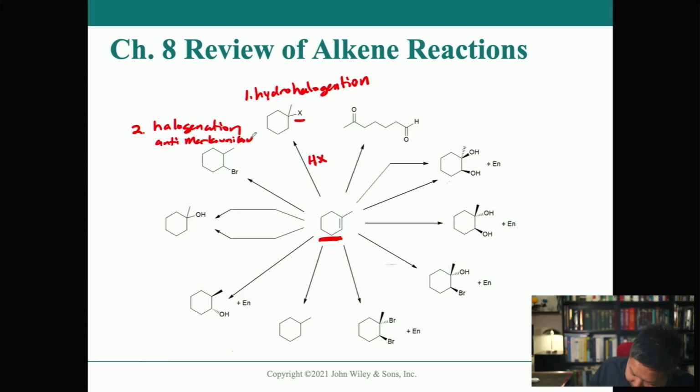Just so we don't get confused, I'll put Markovnikov addition here. Normal Markovnikov. But this one's the anti. And remember, we just did it in the last slide. How do we achieve an anti-Markovnikov addition of the bromine in this case?